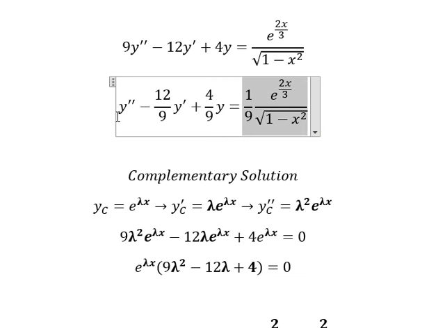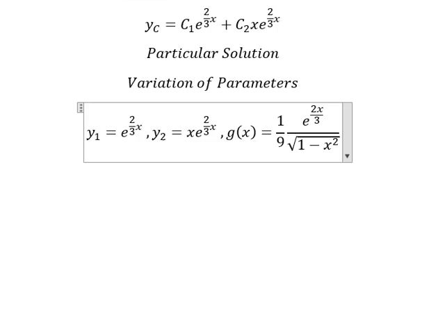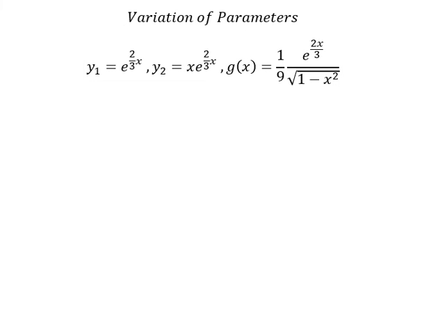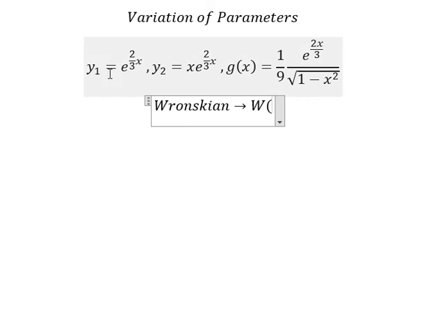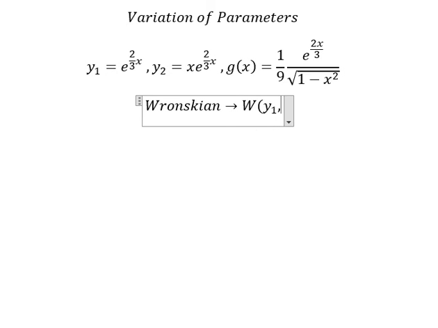You need to make sure that the highest power in here, or sorry, the highest order in here, should be number 1. So we can use the Wronskian. So we have W between y1 and y2.